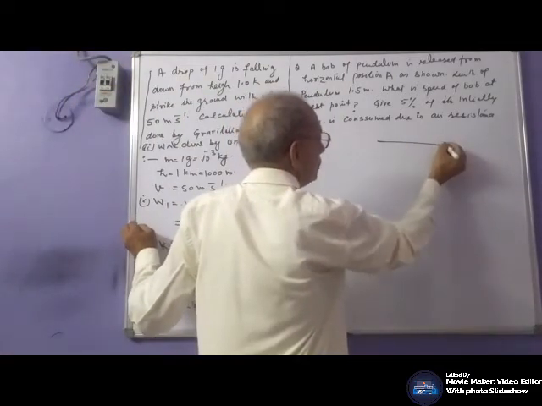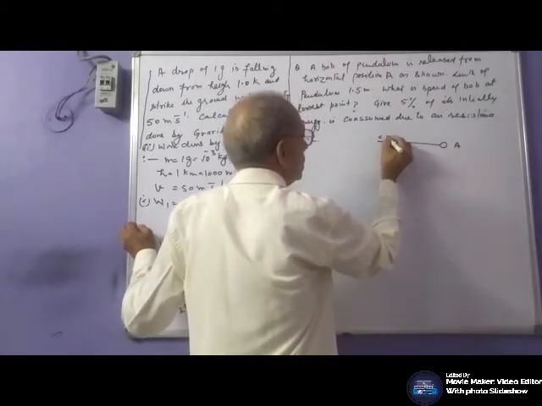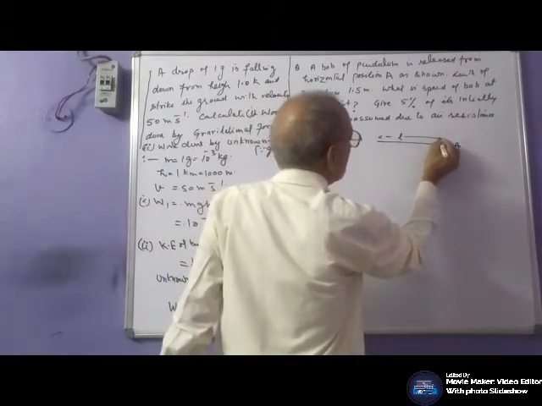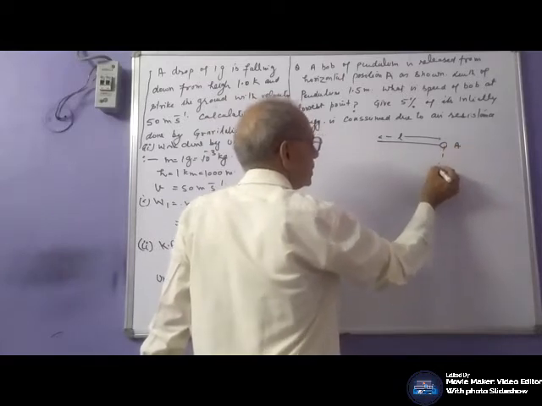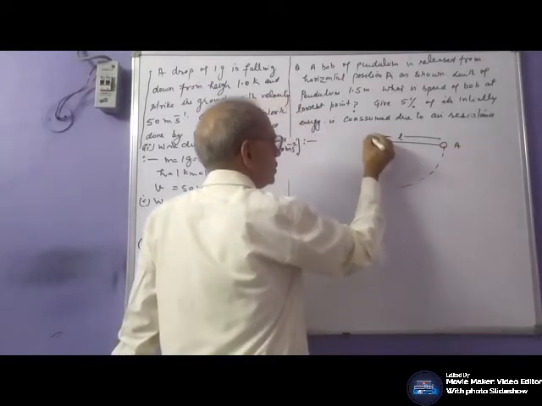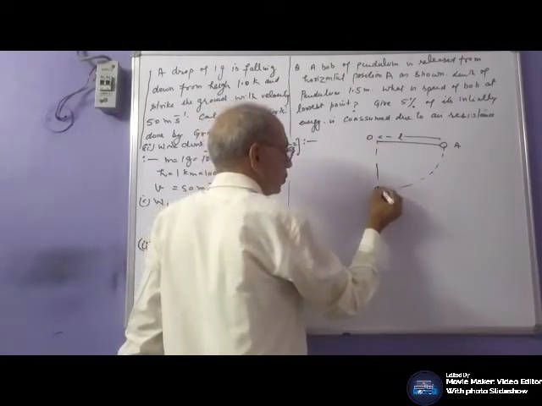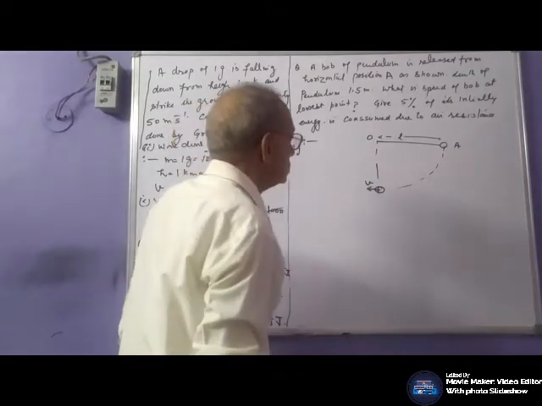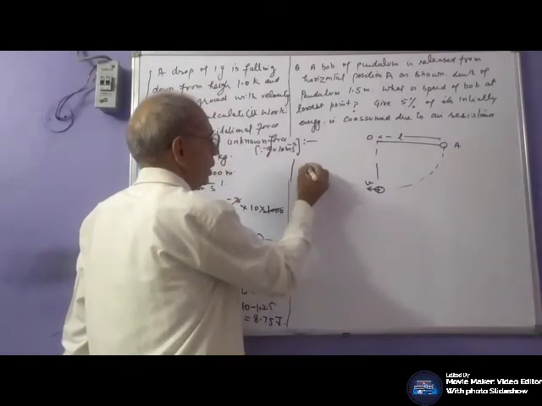This is that pendulum, this is the bob at position A. This is the length. It is released, and this is the position. Here velocity is v. What is given?